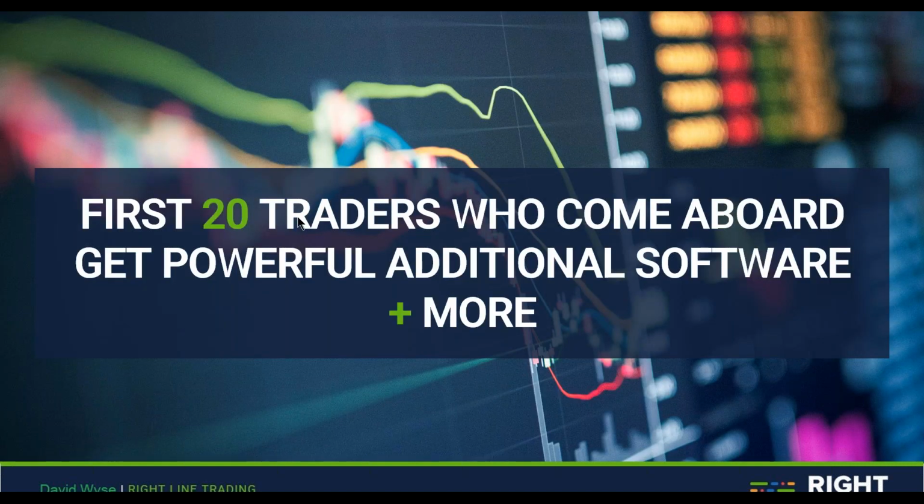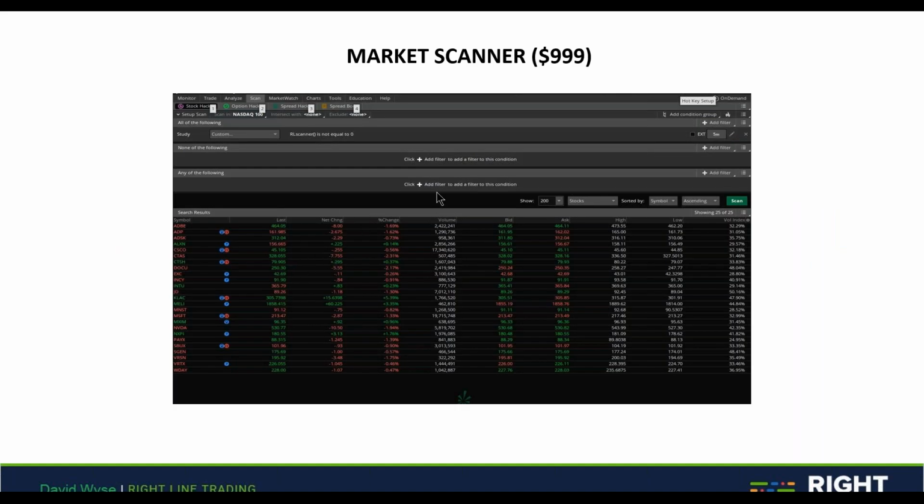For the folks that are here today, the first 20 traders who come aboard and get the software will get some more. One of the things you're going to get is the market scanner that's set up in TOS. We have a scanner that looks for the particular setups that we would likely trade, and it produces the results, and you can look at those stocks and see which ones are set up the best. The scanner actually has multiple scans in there now.